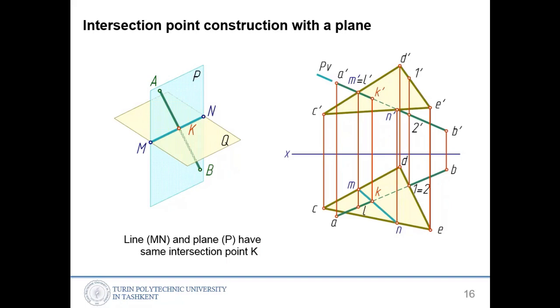Okay, so the line and plane have the same intersection point K. The plane P is given with traces, PV here, and another side is A and B, and another plane is given as a triangle CDE. So how to find point K?